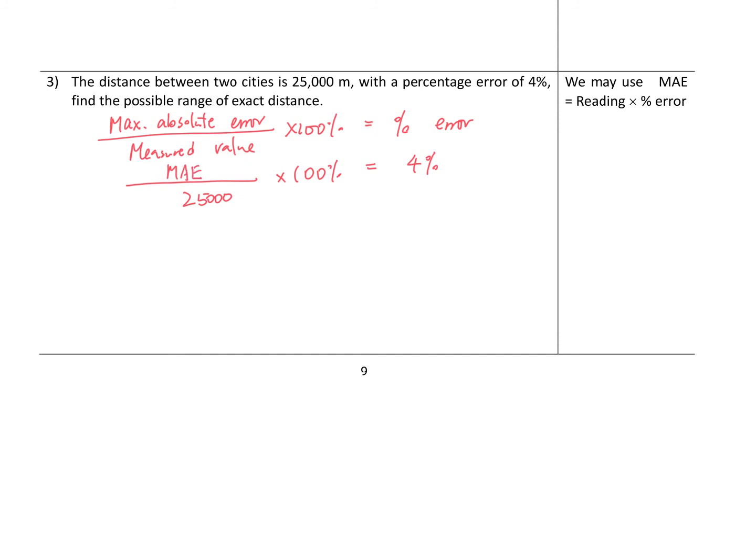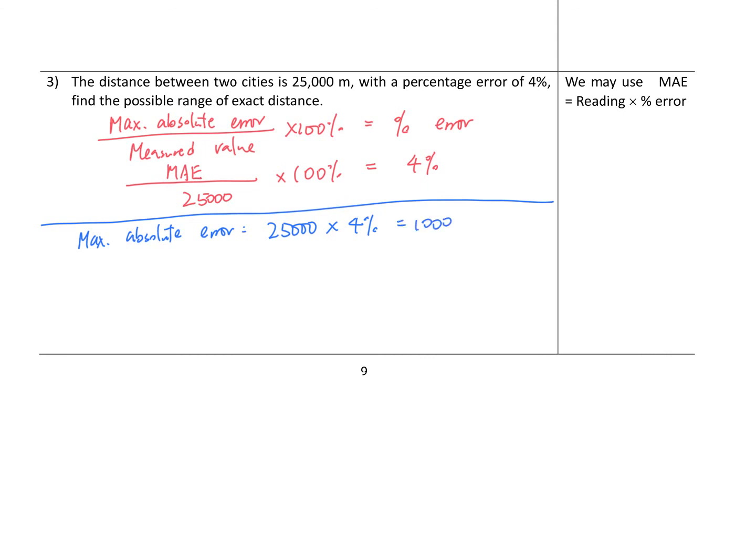So after you understand the questions, then you can start to do the questions. First of all, you can use the percentage error to find out the maximum absolute error, 25000 times 4%, which will give you 1,000 meters.